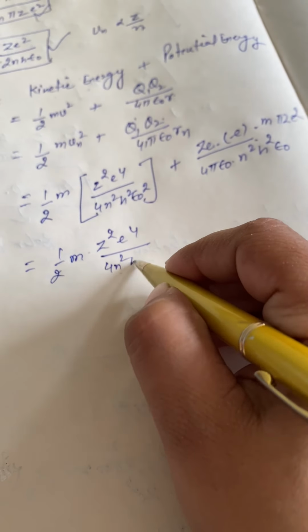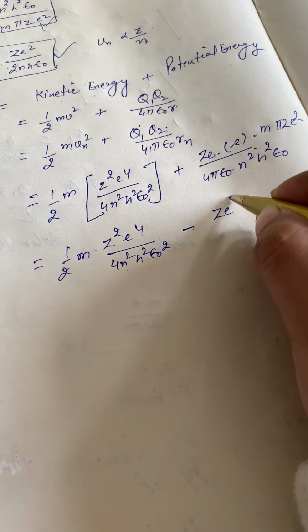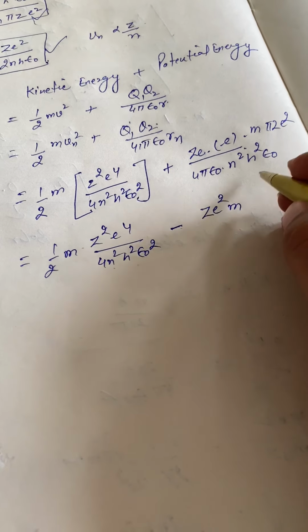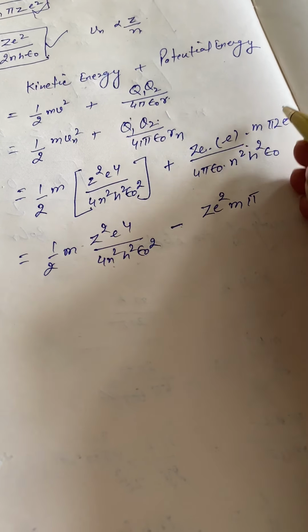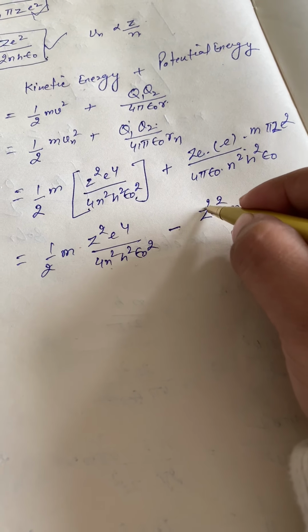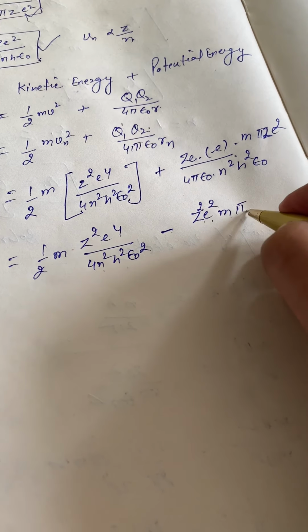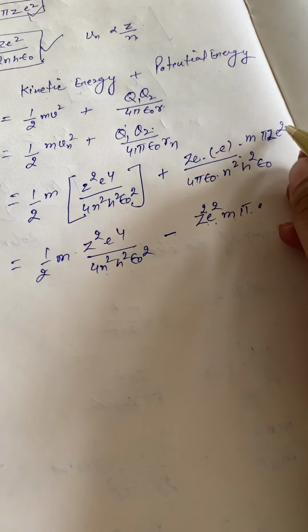So we will get 1 by 2 m z square e raised to power 4 over n square h square epsilon naught square, minus z e square m pi. Here z is raised to power 1, so it will become z raised to power 2, z square e square m pi square, and e raised to power 2.